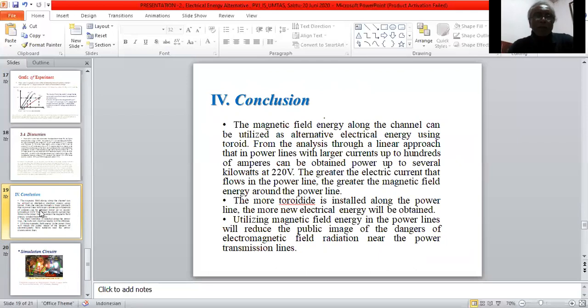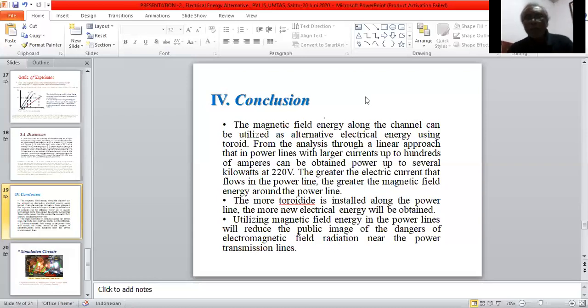From the analysis, the conclusion: the magnetic field energy along the power line can be utilized as alternative electrical energy using toroid. From the analysis through a linear approach, in a power line with large current up to 100 of amperes, power up to several kilowatts can be obtained at 220 volts.